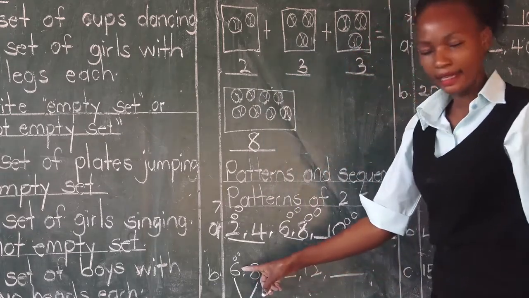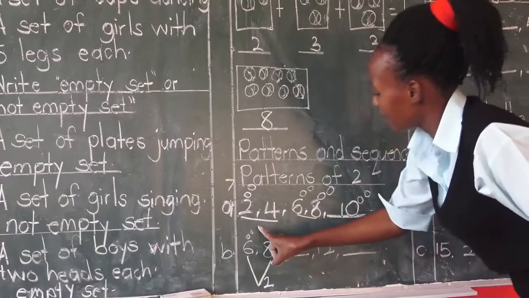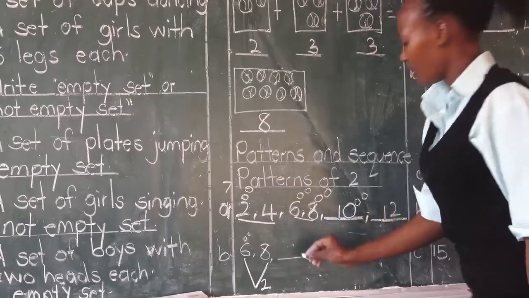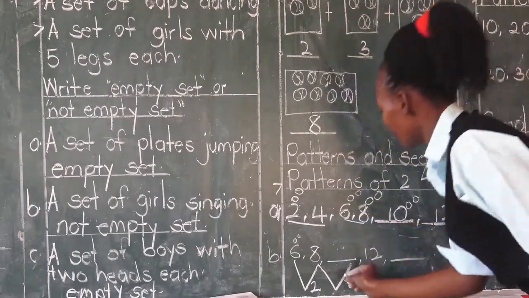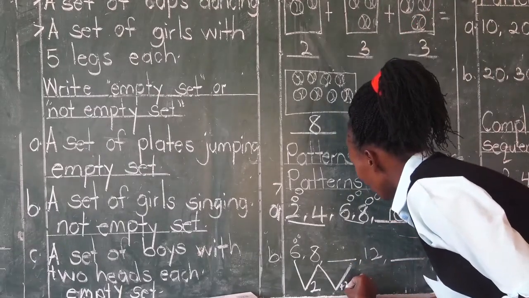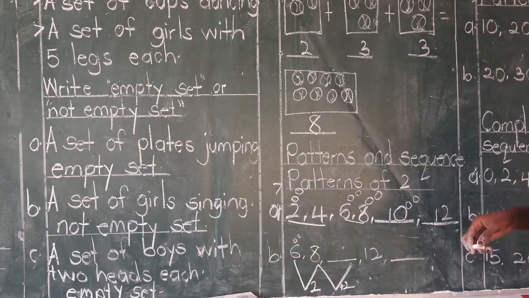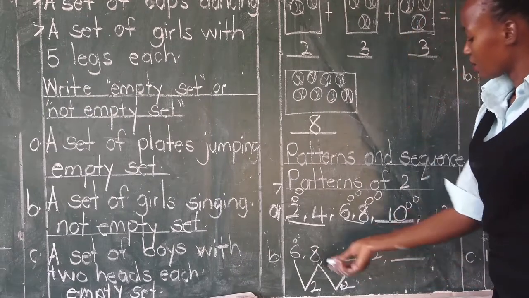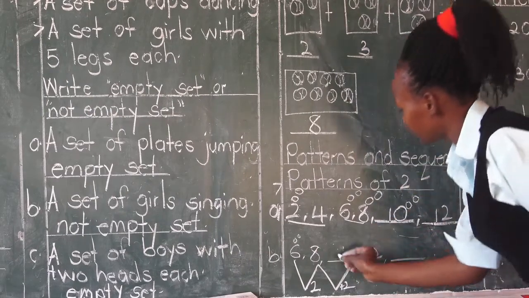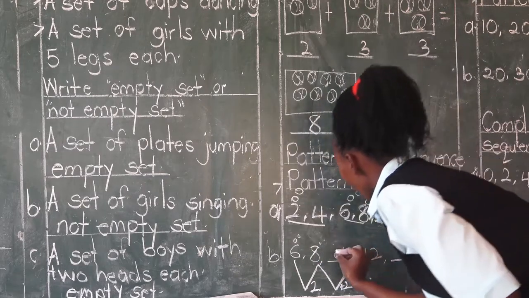Then let's find out the missing number. Still here we are going to add there 2 because we finished finding the difference here, meaning that they were adding 2. Now we are going to add 2 on number 8 to find the missing number. If you add there 2, 8, 9, 10, we shall get 10.